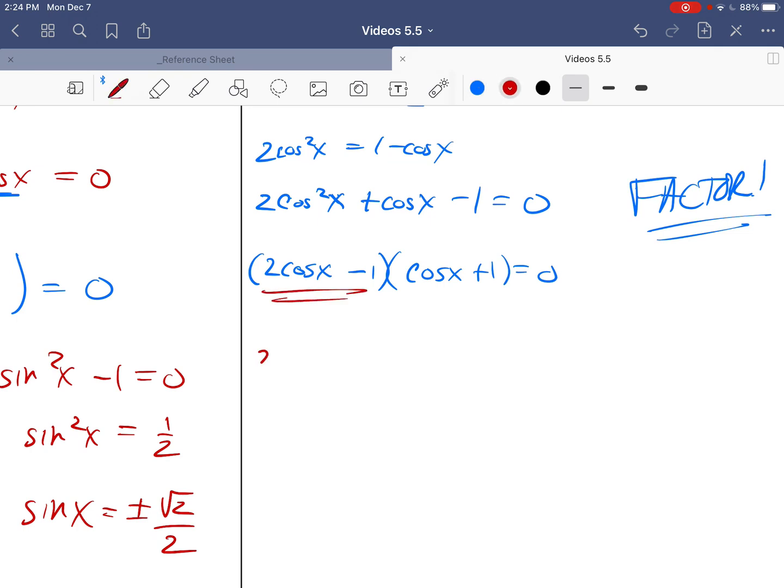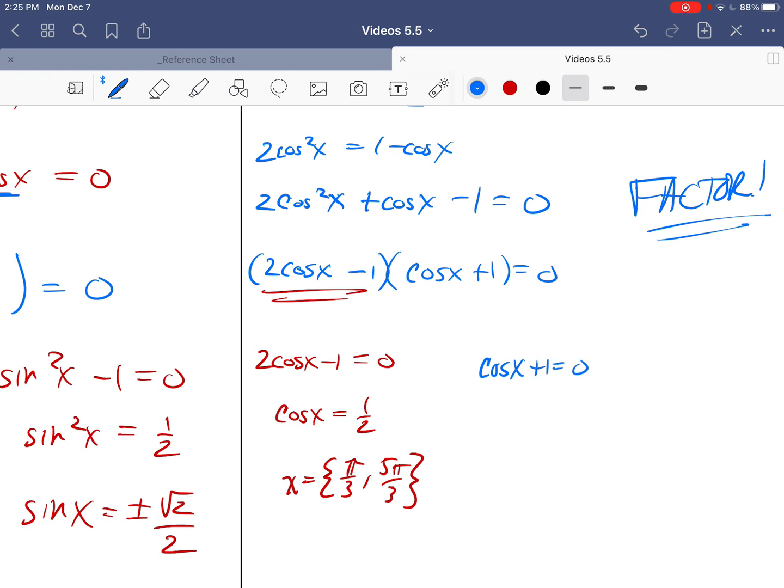We're going to take our 2 factors, set them equal to 0. And we're going to say cosine x plus 1 equals 0, so cosine x equals -1. X equals pi.